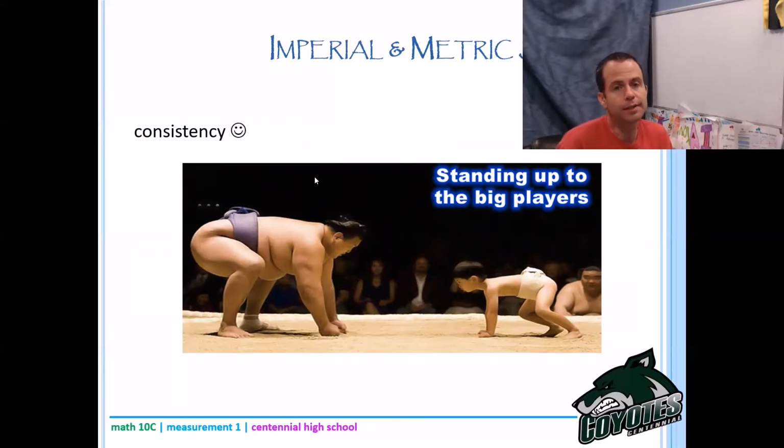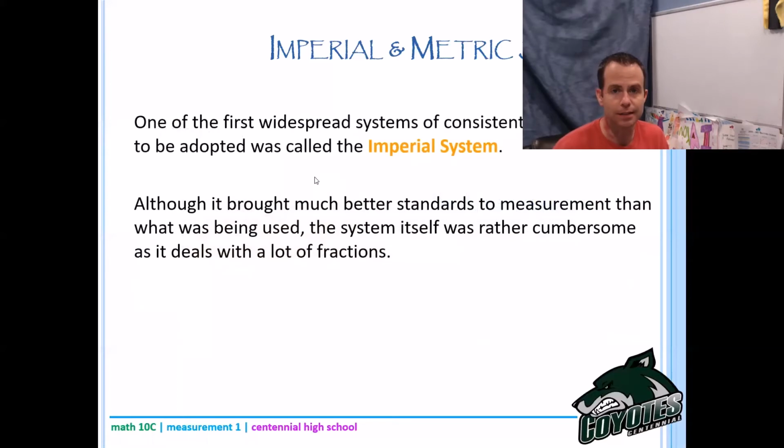So we realized that some sort of a standardized system needed to happen. One of the first widespread systems of consistent measurement was called the imperial system. Now, the imperial system was way better than what they were using, obviously. But it's not the greatest system because it's very cumbersome. It uses a lot of fractions, and you'll see that as we go through, okay?